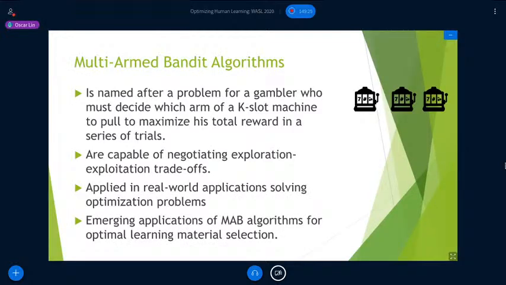Multi-armed bandit algorithms are named after the problem of a gambler who must decide which arm of a slot machine to pull to maximize his or her total rewards in a series of trials. They are capable of negotiating the exploration and exploitation trade-off. They have been applied in real-world applications solving optimization problems such as website optimization, clinical trials, and experimental design.